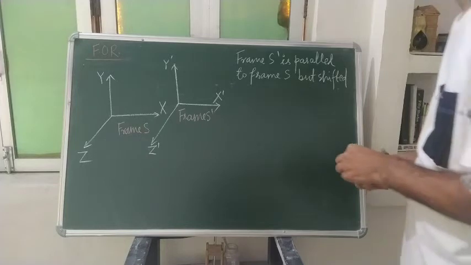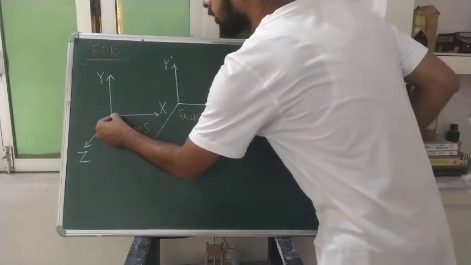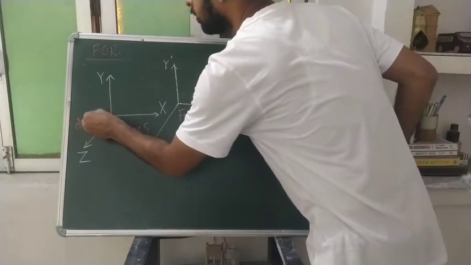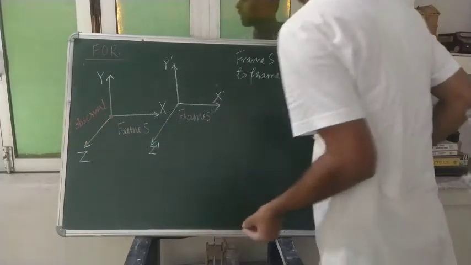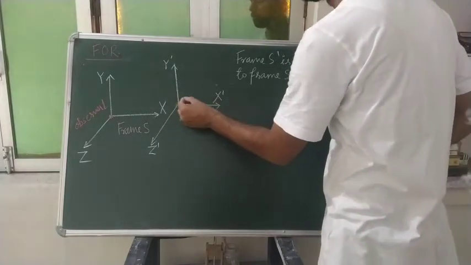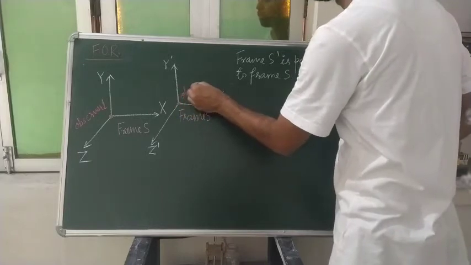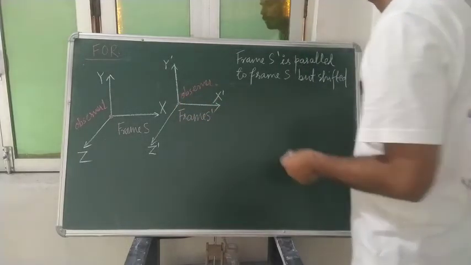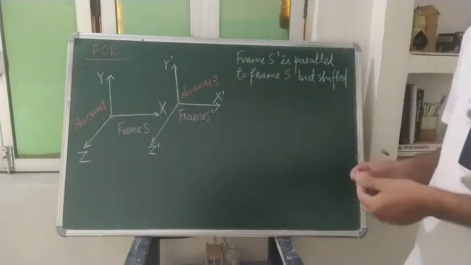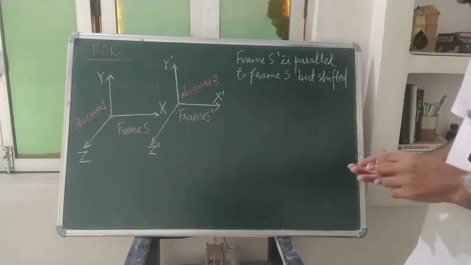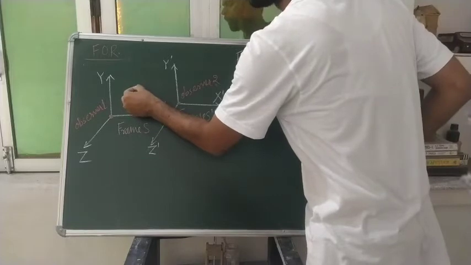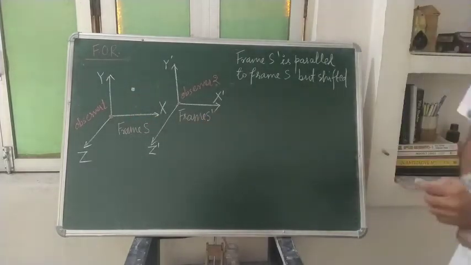And observer 1 present at the origin of frame S, and observer 2 is present at the origin of frame S prime, looking at an object placed in that frame S.